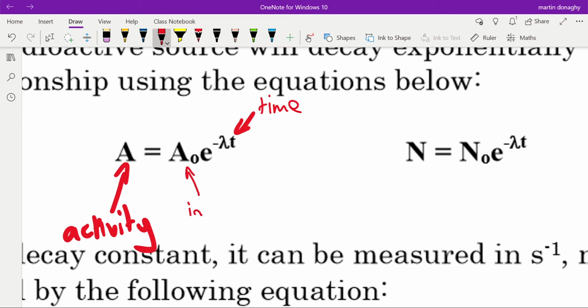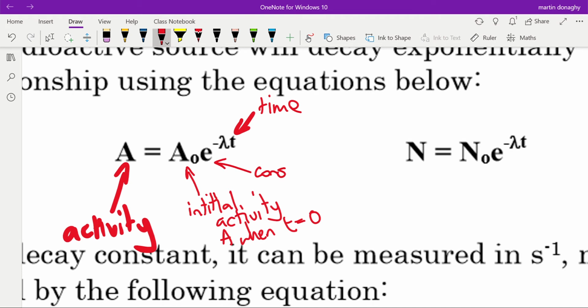This is the initial activity, i.e. the activity when the time is 0. That letter e is a constant. It's Euler's constant. You can type it into your calculator. What is it, 2.7 something or other? It's a constant. It's in your calculator. You don't need to calculate it. You just use your calculator to get it.